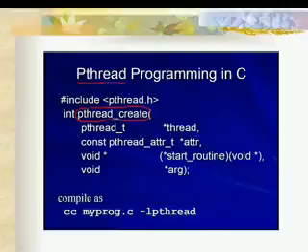Let's take an example of a program where a C thread is created. The function pthread_create is like this. These are the function parameters.